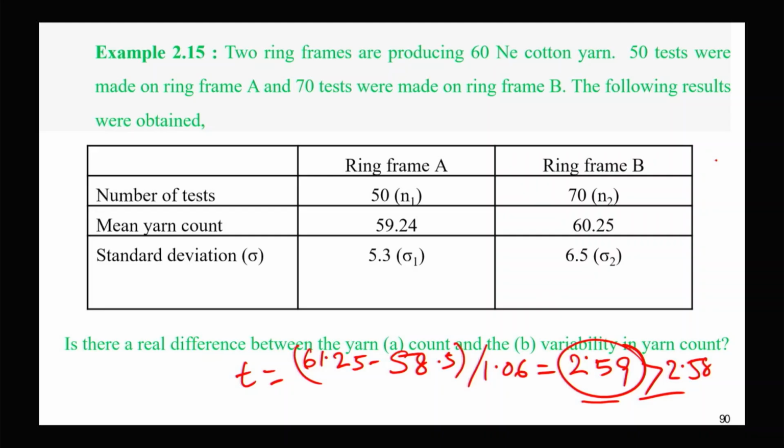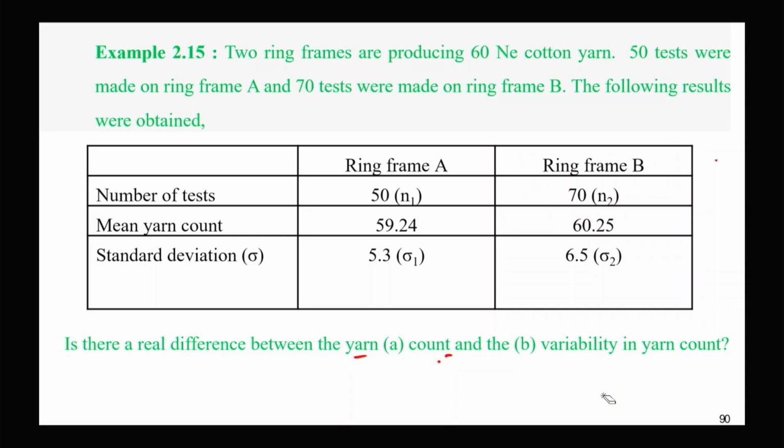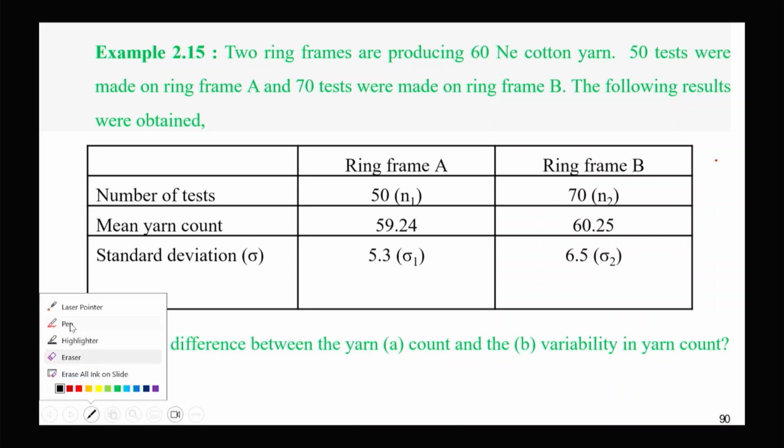So we have to test the significance between some ring frames, then only we can consider it as bulk running. Okay. So this type of problem we can solve in the industry.